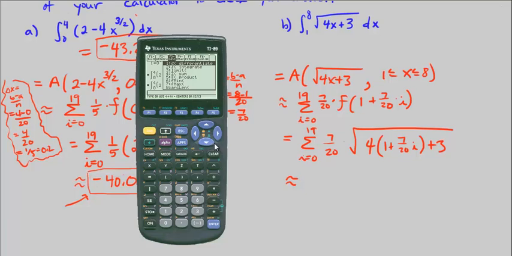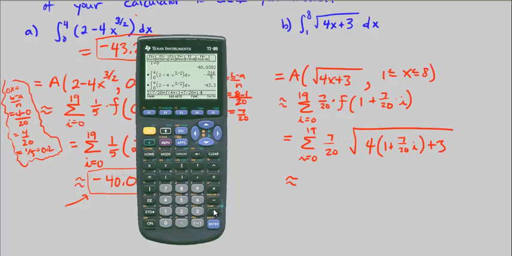So here we have the sum again. So 4 gives us the sum, option 4. And then we have 7 over 20 times the square root. So second times gives us the square root. And then in the square root we have 4 times, in parentheses, 1 plus 7 divided by 20 times i, alpha 9.